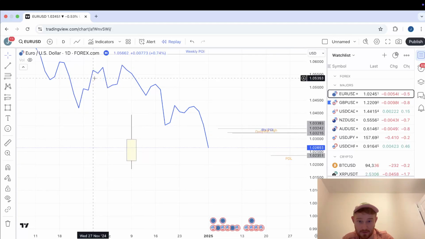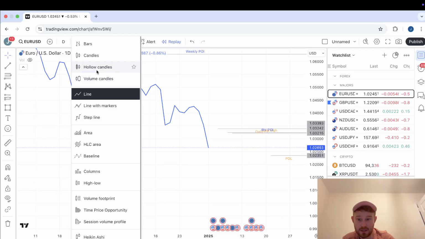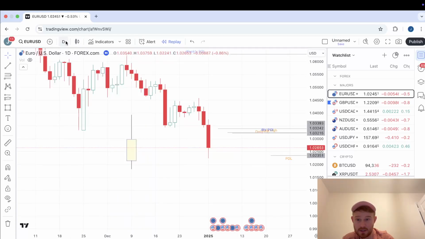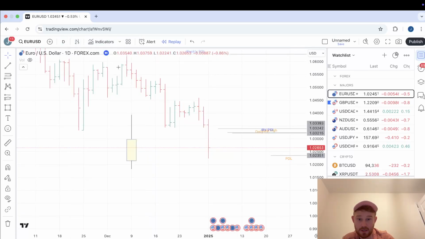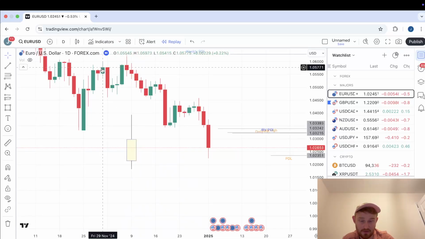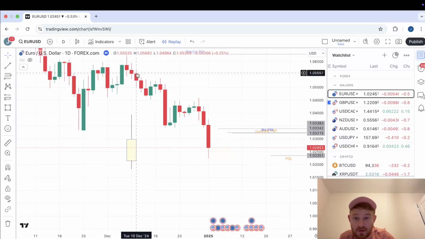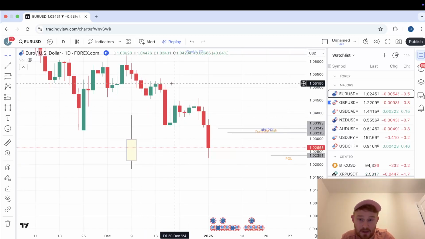You can have hollow candles, or you can have bars if you really want. None of that I'm comfortable with. I've never traded like that, so it's not particularly for me. I find it way easier to just stick with candles.